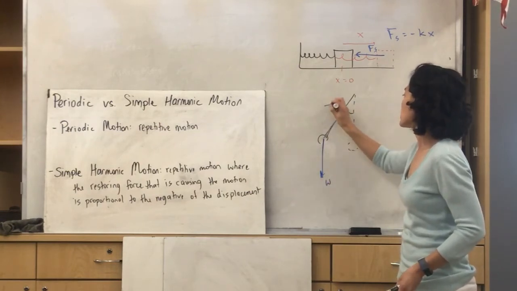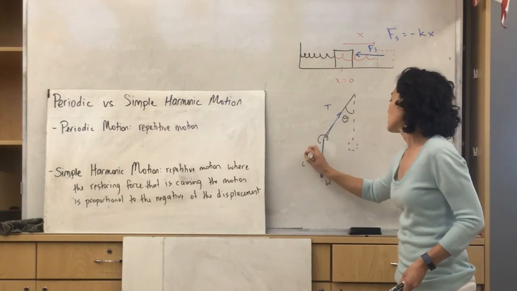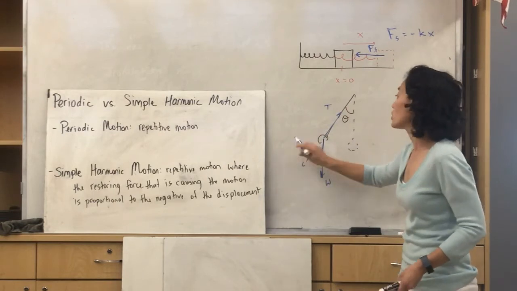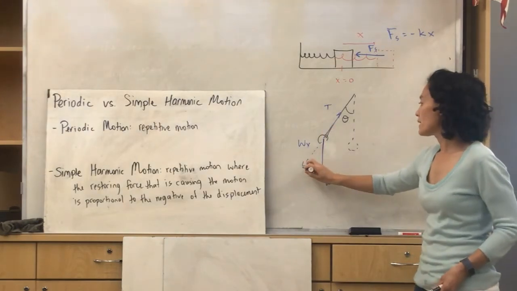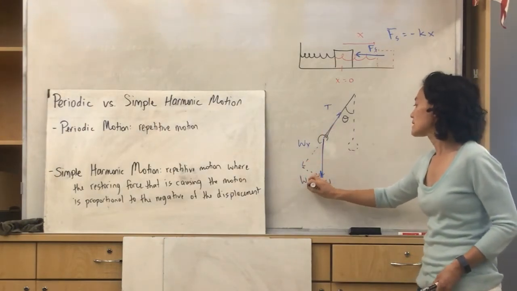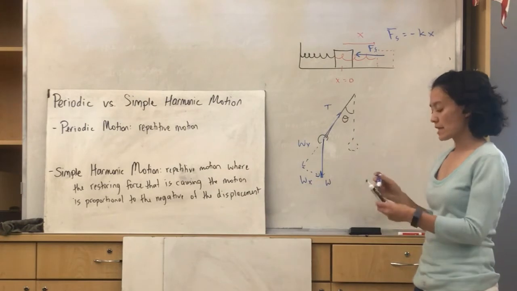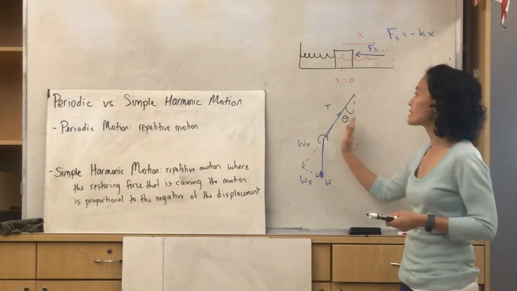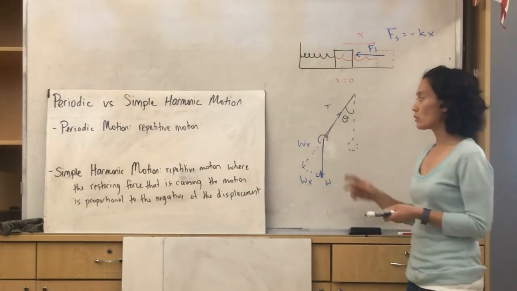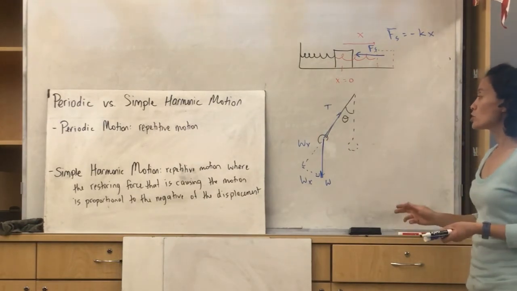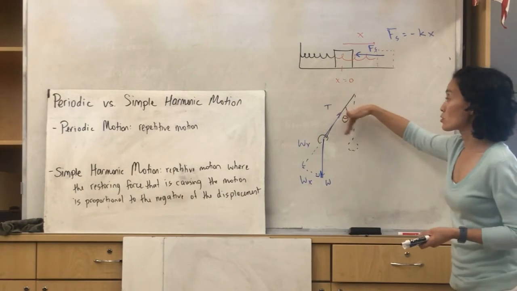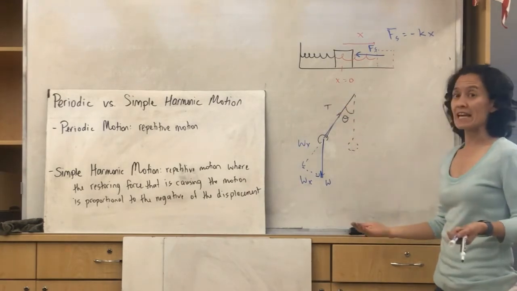I have tension. I have this, what I'll call WY, that is opposing my tension. And then I have this WX, and it's this WX that is opposing this angle. Okay? So again, we have two cases where the restoring force is proportional to the distance or the displacement, but it is negative. Okay?